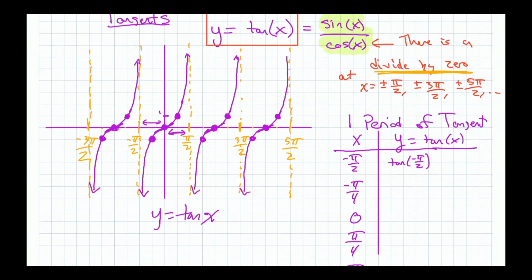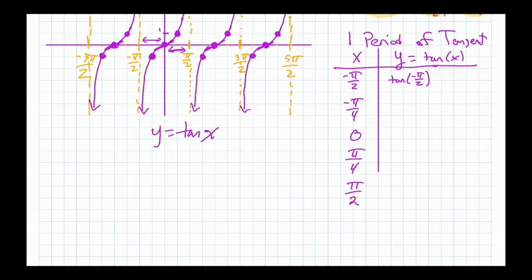But look up here. This is one of the values that I told you was going to be a divide by 0. So those are the asymptotes. So this one does not exist. Okay? Then the next one is pi over 4, and you have tangent of pi over 4, negative pi over 4.